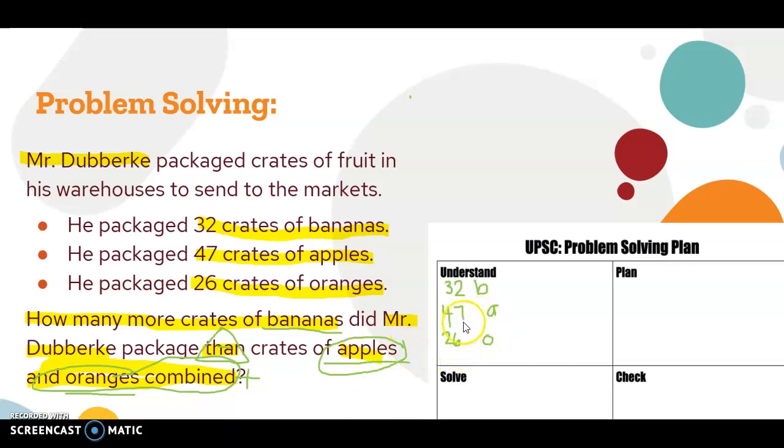Okay, and we know again, just to recap, we have 32 crates of bananas, Mr. Berkey package, 47 crates of apples, and 26 crates of oranges.